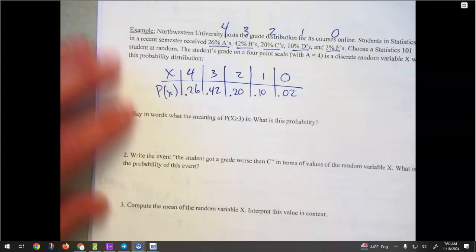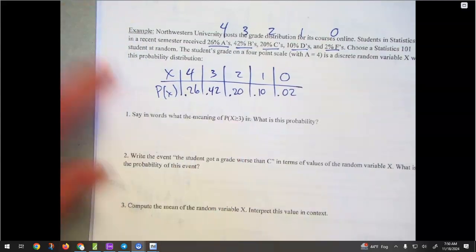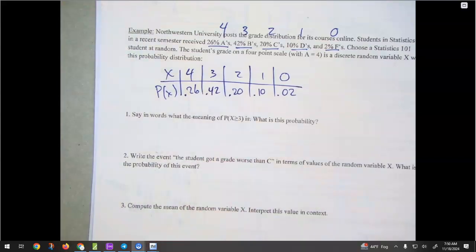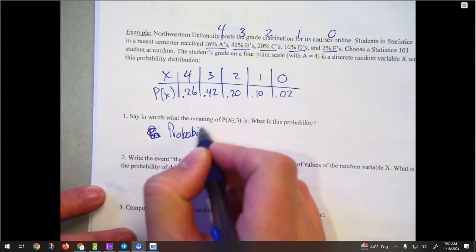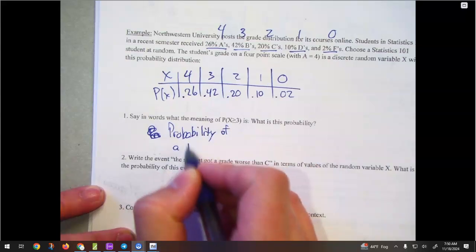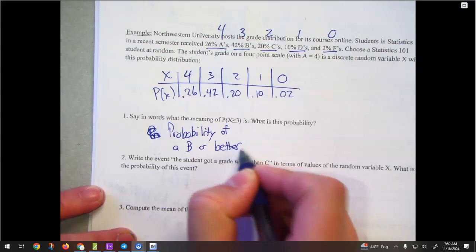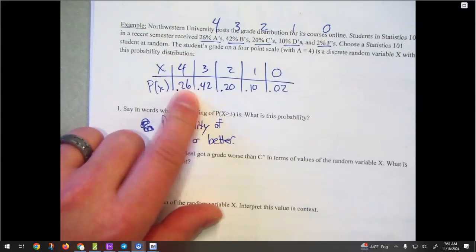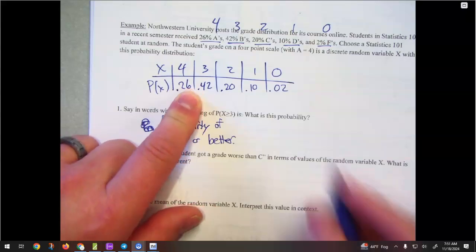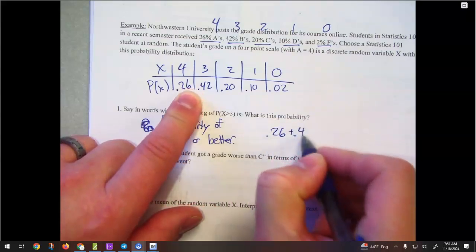So 3 or more. Just add up these two probabilities there.